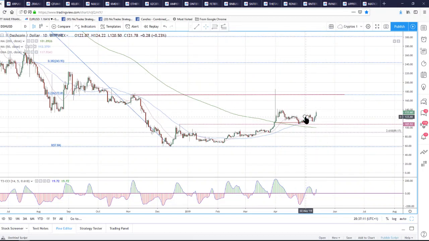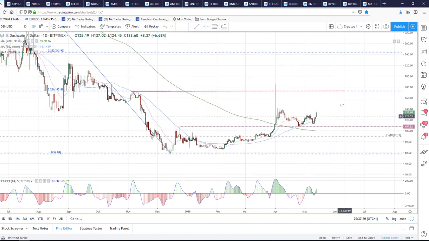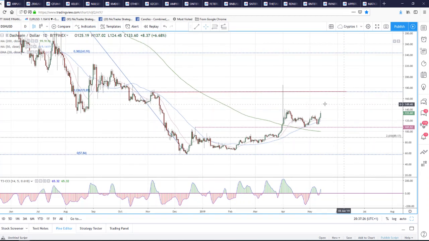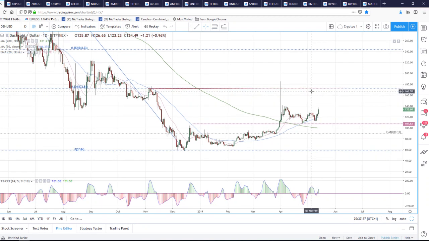It's just not going up as much as Bitcoin, but it's going up. So it's held this support from this spike high really nicely, held above the 200 moving average, everything looking pretty good for Dash dollar to go back to the 236 fib. We've tested this once. It's at 172.8. We should go back there on this swing and retest that level. Okay, so that's Dash dollar.